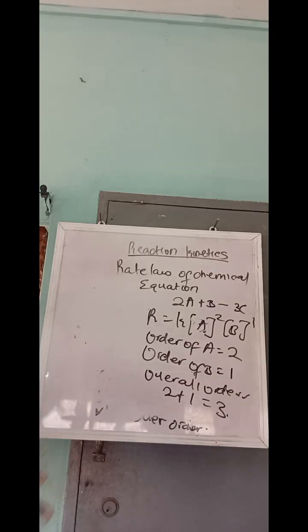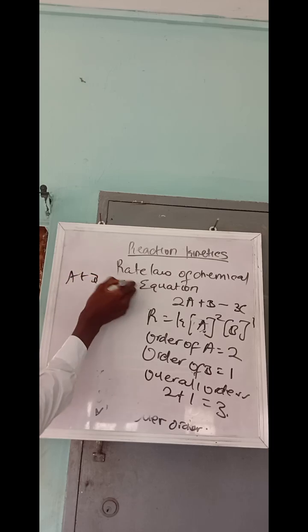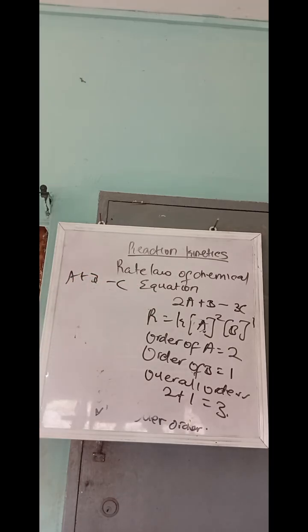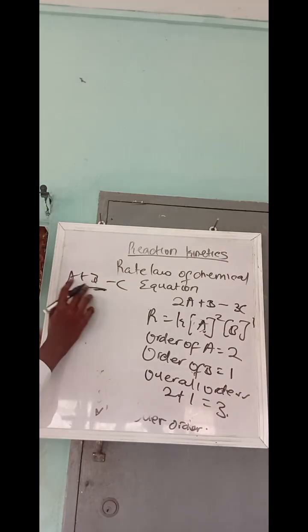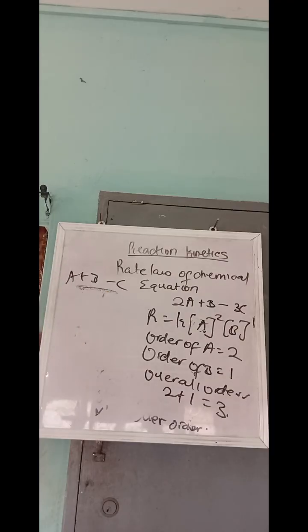They can't just give you a reaction, A plus B to give C, and ask for the order of reaction. It's not possible, because it's not molecularity. How we can get the order of that reaction is that they must tell us that the reaction is experimentally determined, or it is an elementary reaction that cannot be broken down further.